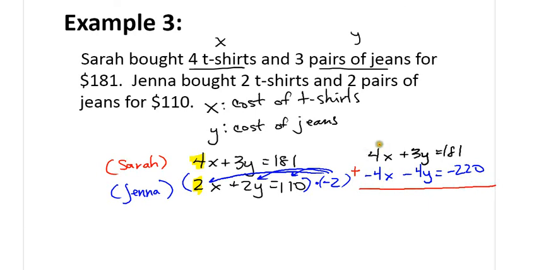4x minus 4x is nothing. 3 plus -4 is -1y. 181 plus -220 is the same thing as subtracting 220 from 181. So I'm going to do this.